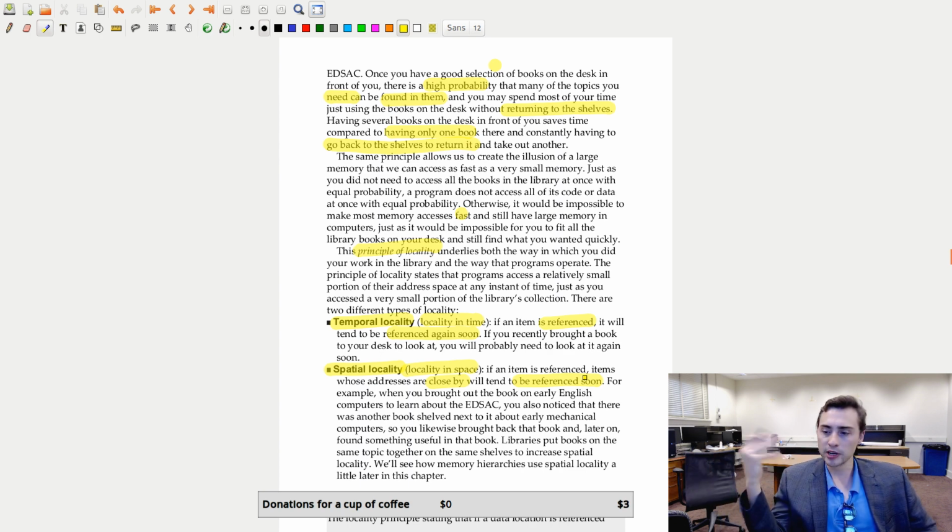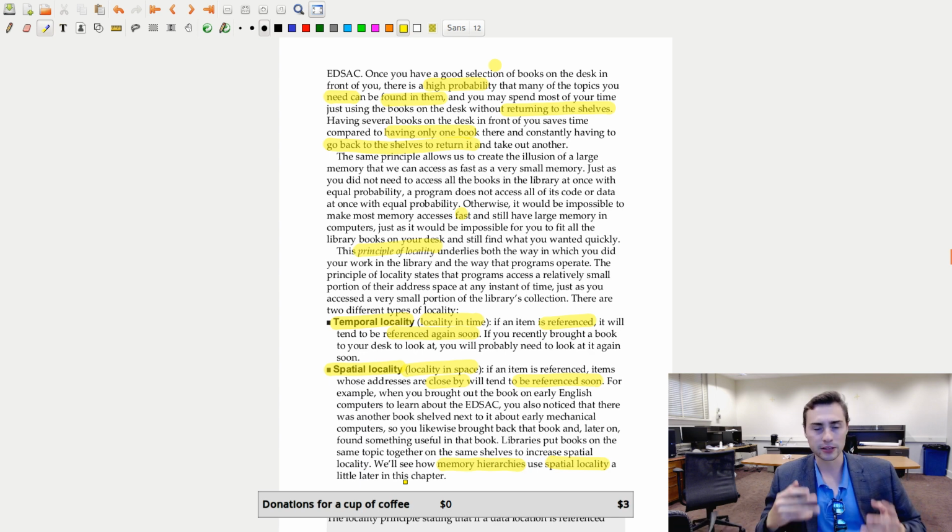If we're doing a bunch of reads from an array, say a bunch of print statements printing everything from an array, and we look at index 0 first, it's pretty likely that the next thing we're going to address is index 1, then index 2, then index 3. So we've got some spatial locality there. And we'll see how memory hierarchies use both spatial and temporal locality, and how that's really the foundation of their design.